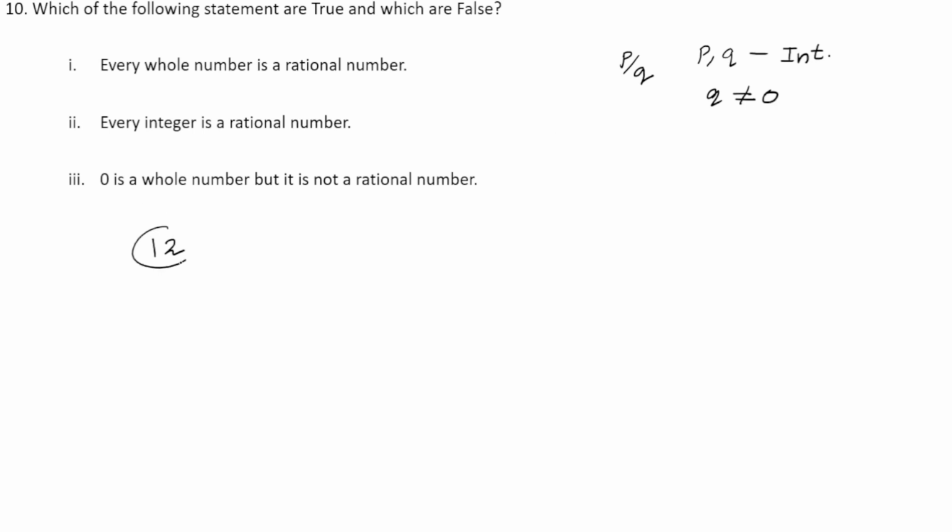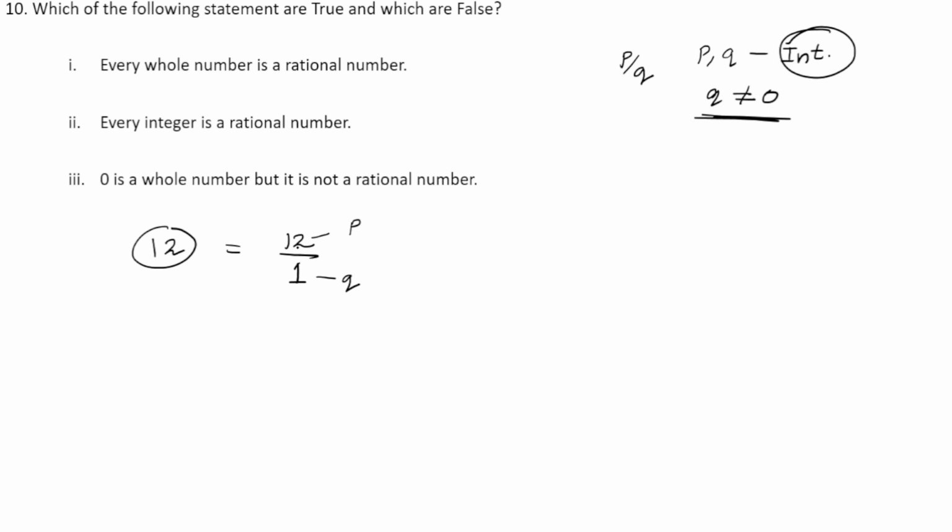Now I have written here a whole number 12. Can I write 12 as 12 by 1? Yes, right. Now this 12 is actually p and this is q. Now let us check whether it is satisfying the definition of a rational number or not. p and q both are integers. They are both positive integers. And is q, the denominator, equal to 0? No, it is not equal to 0.